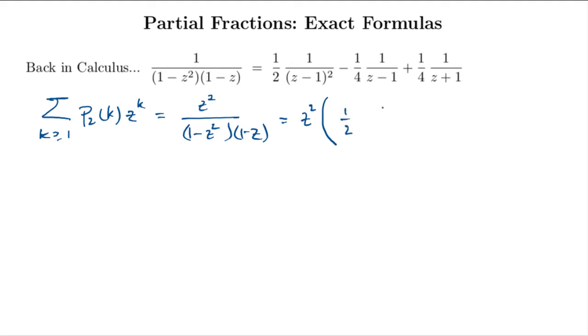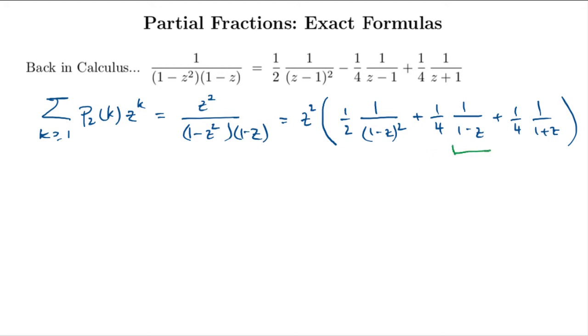So I have a 1/2, and I will rewrite the first term as 1 over 1 minus z squared. And the next term, I will introduce a minus sign because I want to write this as 1 over 1 minus z. And the last term I will write as 1 over 1 plus z, because by now you will not be surprised by that.